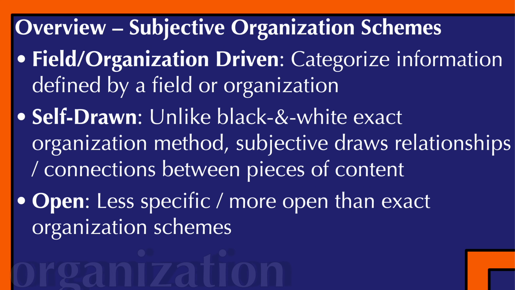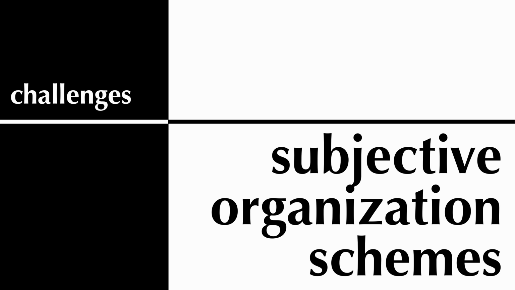So say if you're working on behalf of a field or organization, unlike the black and white exact organization method, the subjective organization method draws relationships, connections between pieces of content, again, more subjectively. As opposed to exact, this one is more open, less specific and more open than exact organization schemes because, again, it's defined more by the field or the organization in question.